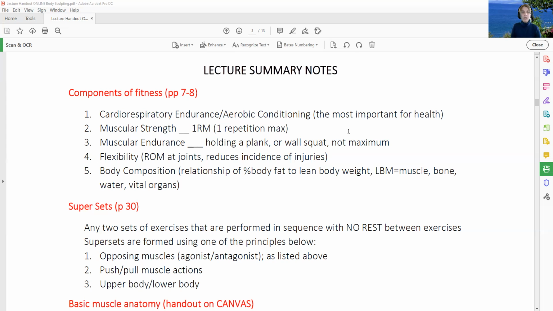Okay, so the relationship between those two is called body composition. And when a person's body fat percent is within an unhealthy range, we want to bring that down without losing the muscle mass.